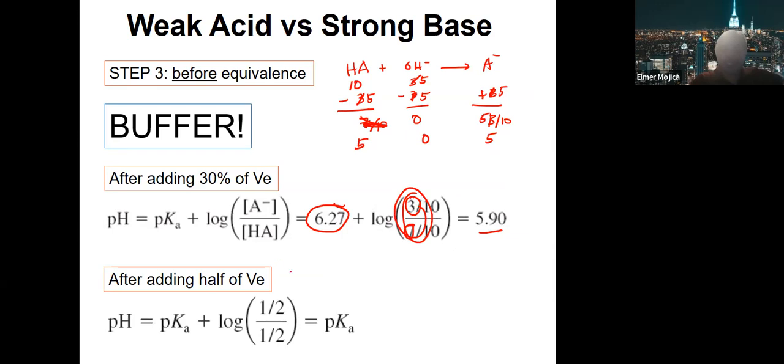So you just cancel out. So negative log of 1 is equal to 0. So your pH is just equal to pKa, which is equal to 6.27. So we already get the 3 points in the weak acid versus strong base calculation.